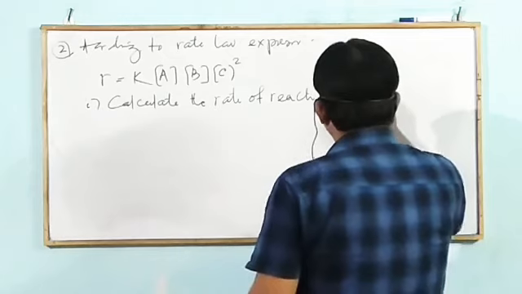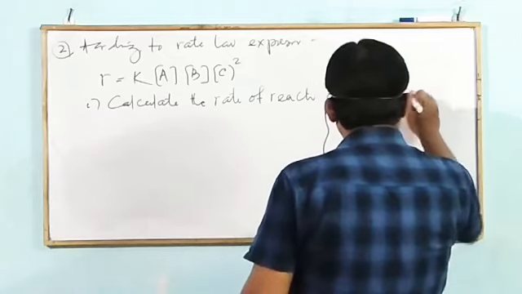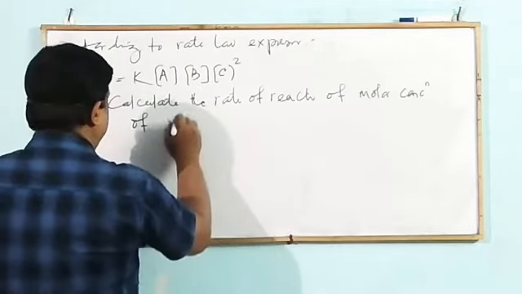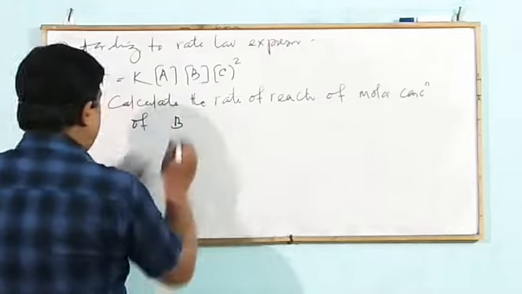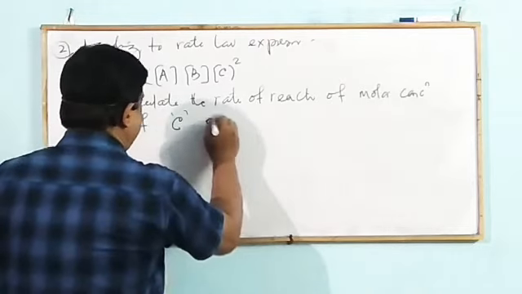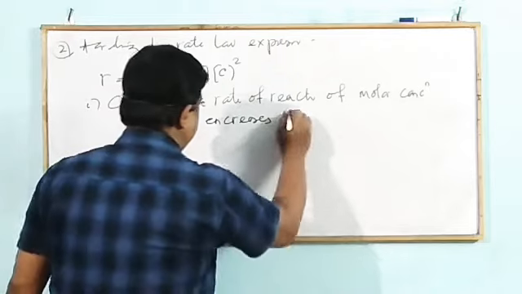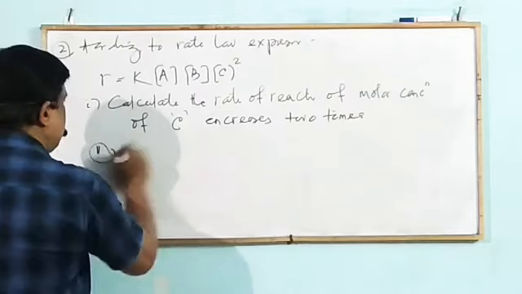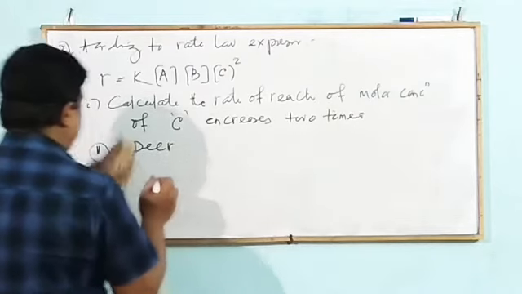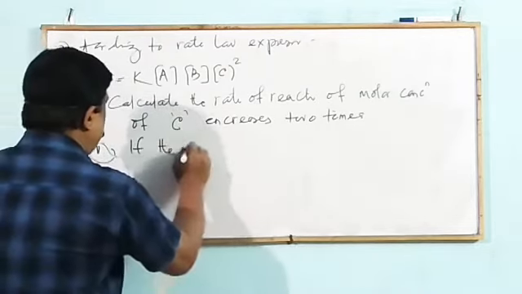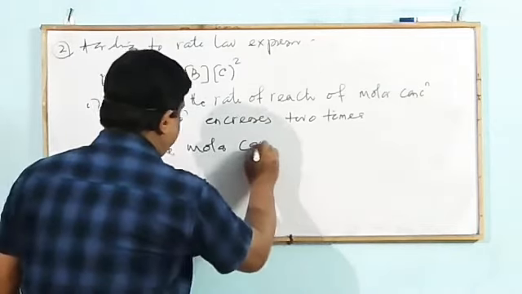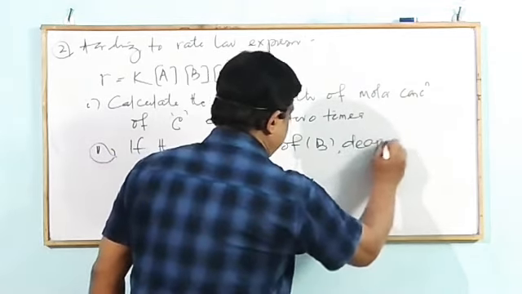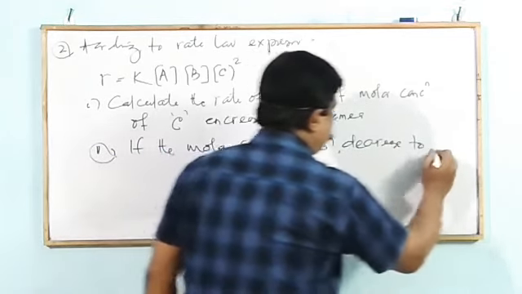If the molar concentration of C increases 2 times, and bit 2, if the molar concentration of B decreases to 1/2.